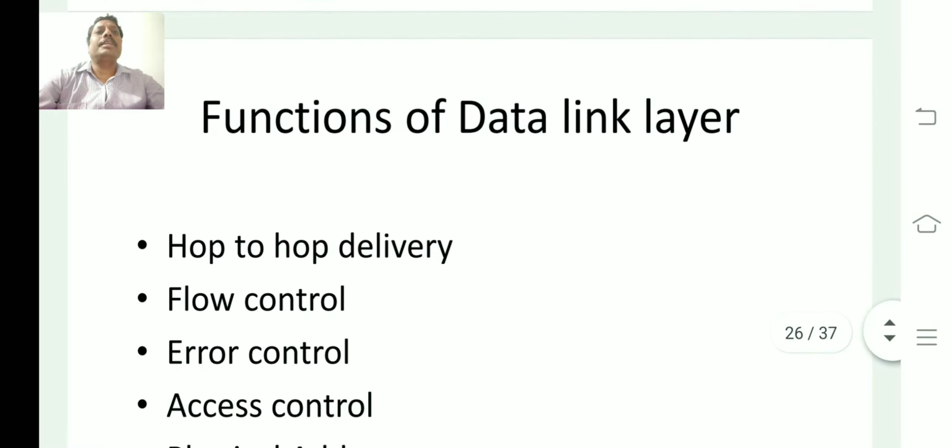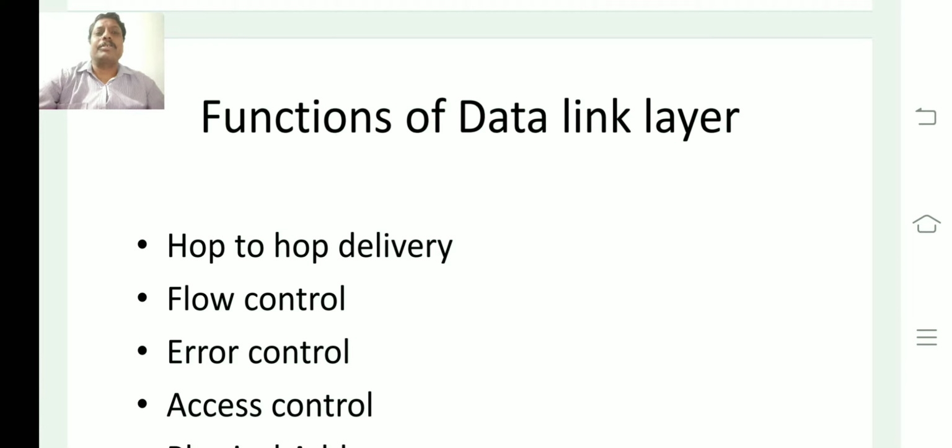Now let us see the functions of the data link layer. As I said, the main function is hop-to-hop delivery of data from one node to its next node. Then flow control, which synchronizes the data transfer from one node to the next. Then error control, which detects and also corrects errors.